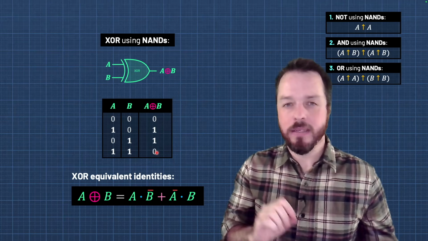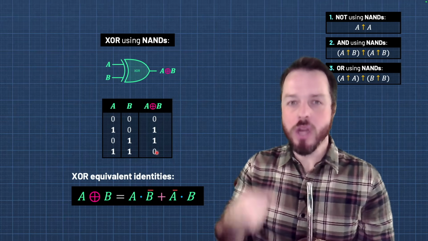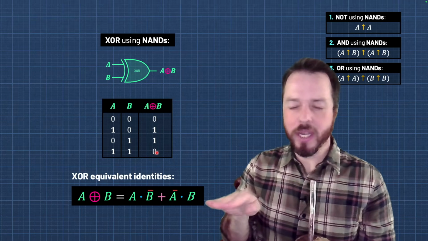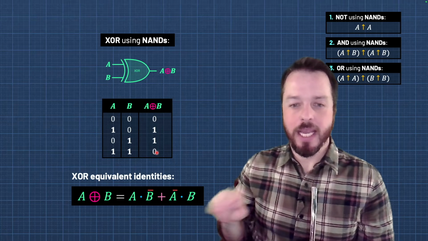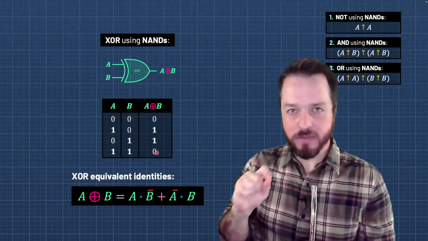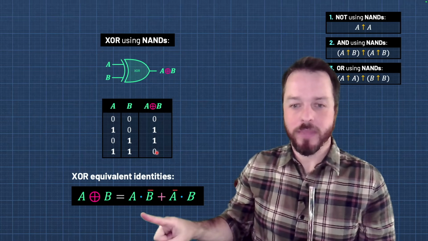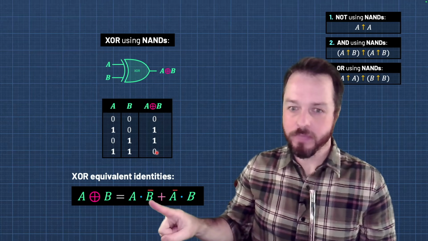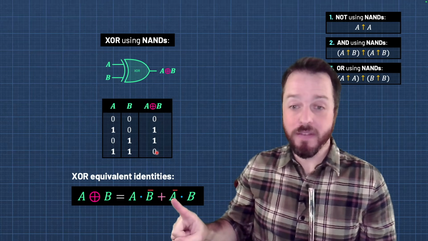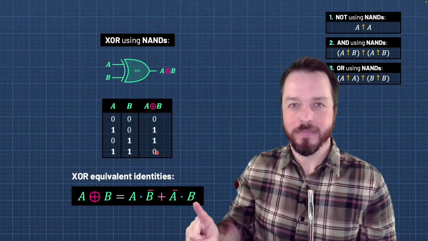Pause for a moment and think beyond the formula. Don't look at just the dry formula. Try to hear what I'm saying in English. The result of the exclusive OR A and B is the first input and not the second, or not the first and the second.